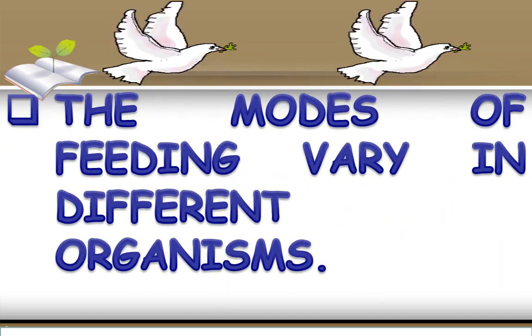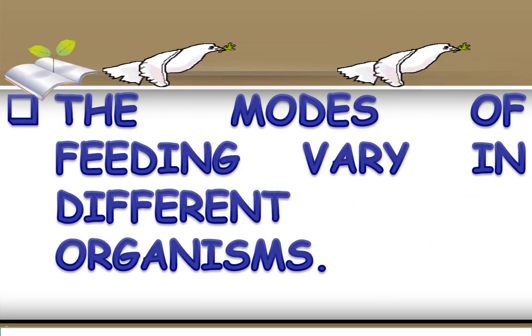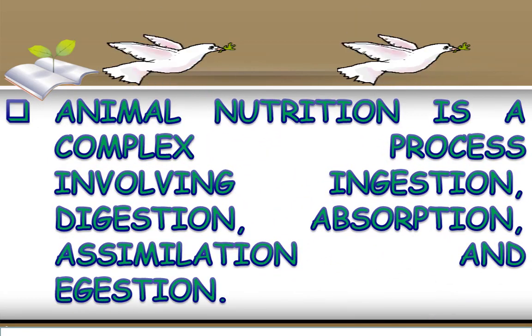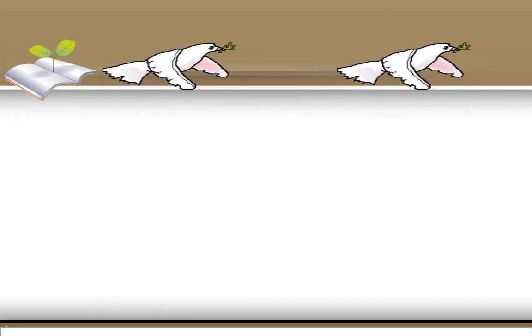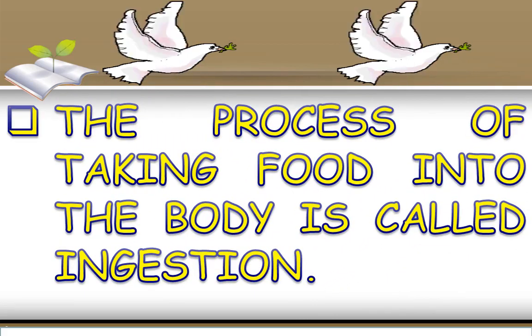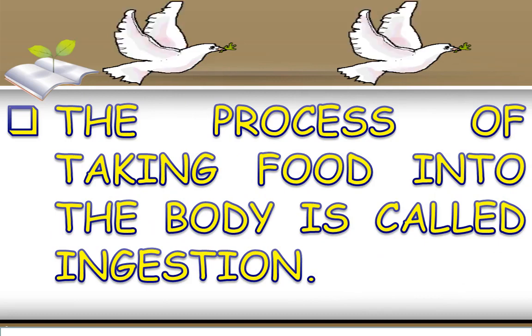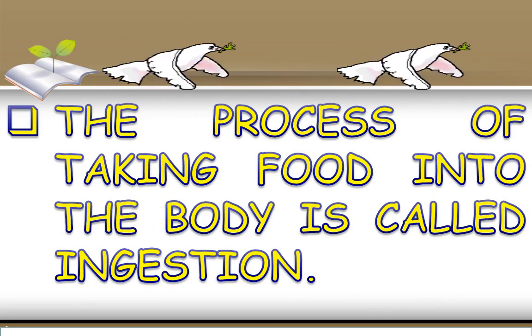The modes of feeding vary in different organisms. Animal nutrition is a complex process involving ingestion, digestion, absorption, assimilation and egestion. The process of taking food into the body is called ingestion.